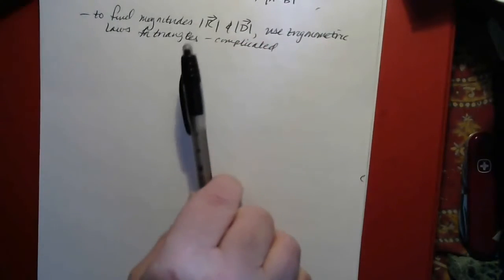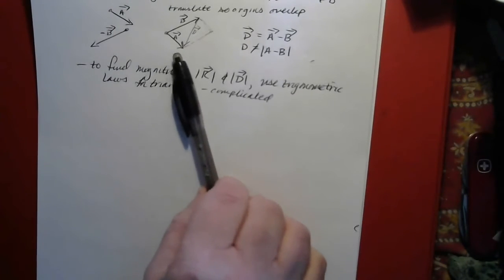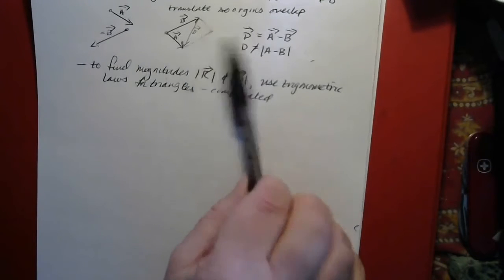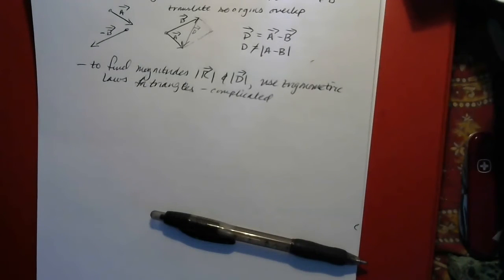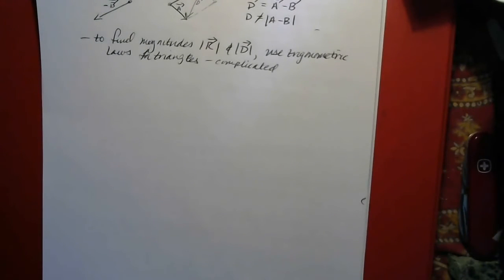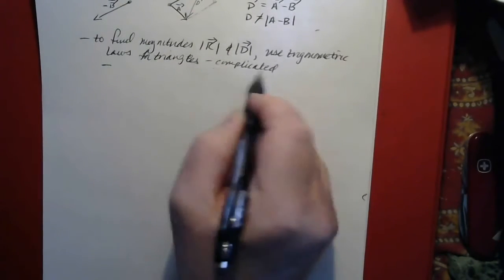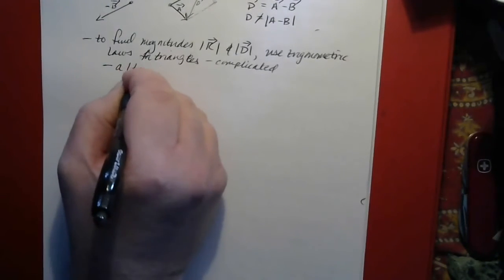Obviously, if you're being really careful and drawing this out on graph paper and being sure that you're getting the lengths and angles exactly right, then you can just measure the length of the resultant or the difference vectors, and you get a fairly accurate reading of what their magnitudes are. But there are better ways to do it. One of them would be trigonometric laws for triangles. That gets pretty complicated, so we might be interested in alternatives.